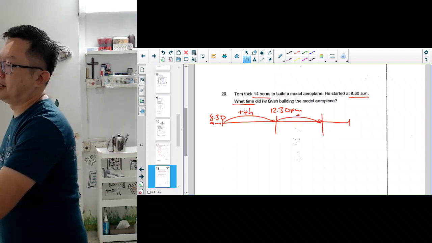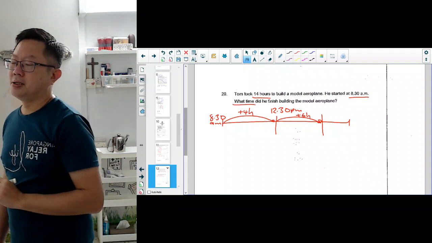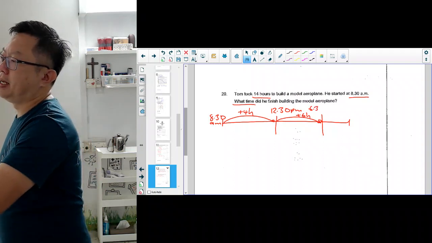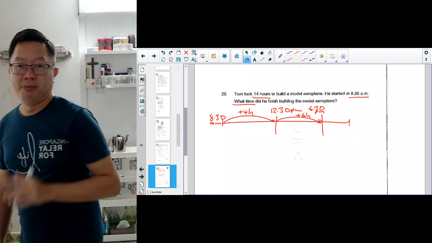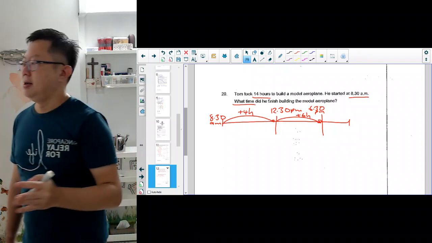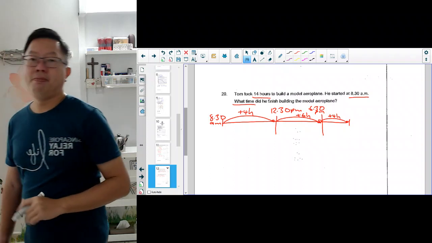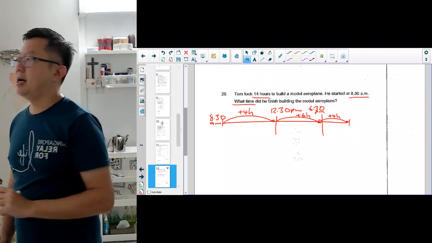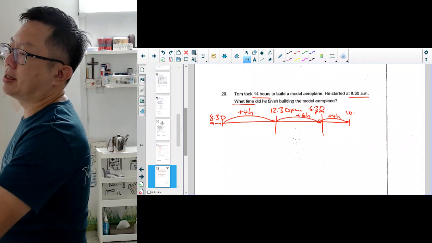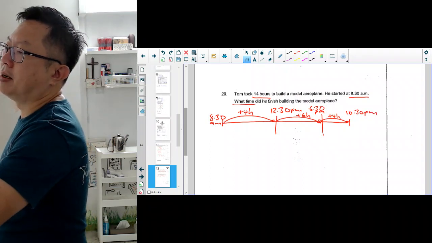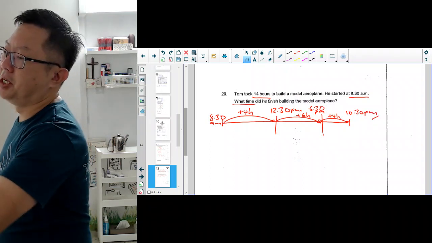So you plus another 6 hours. So that will be what time? 6:30 p.m. Okay. So you break up the timeline into small jumps. Then you need to jump another 4 hours, right? So 6:30 plus 4 hours later, that will be 10:30, right? 10:30 p.m. So what time did he finish? So he must have finished at 10:30 p.m. at night.